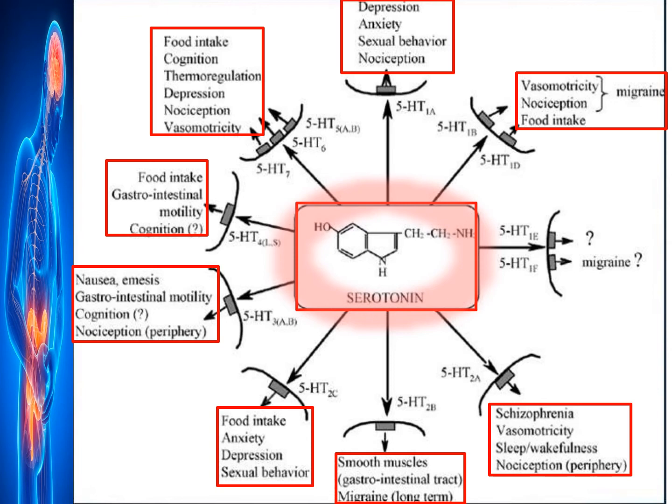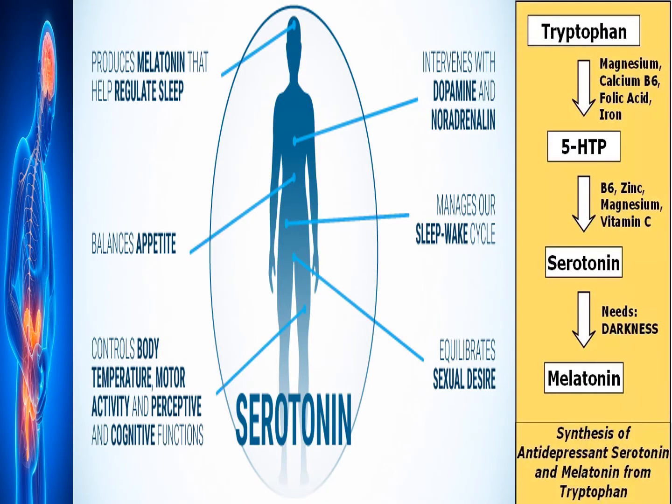Both of these, vasomotricity and nociception, are responsible for migraine, and through both of these receptors, it is responsible for food intake. So this was the summary of the physiological function of serotonin through these receptors which are present at different locations.